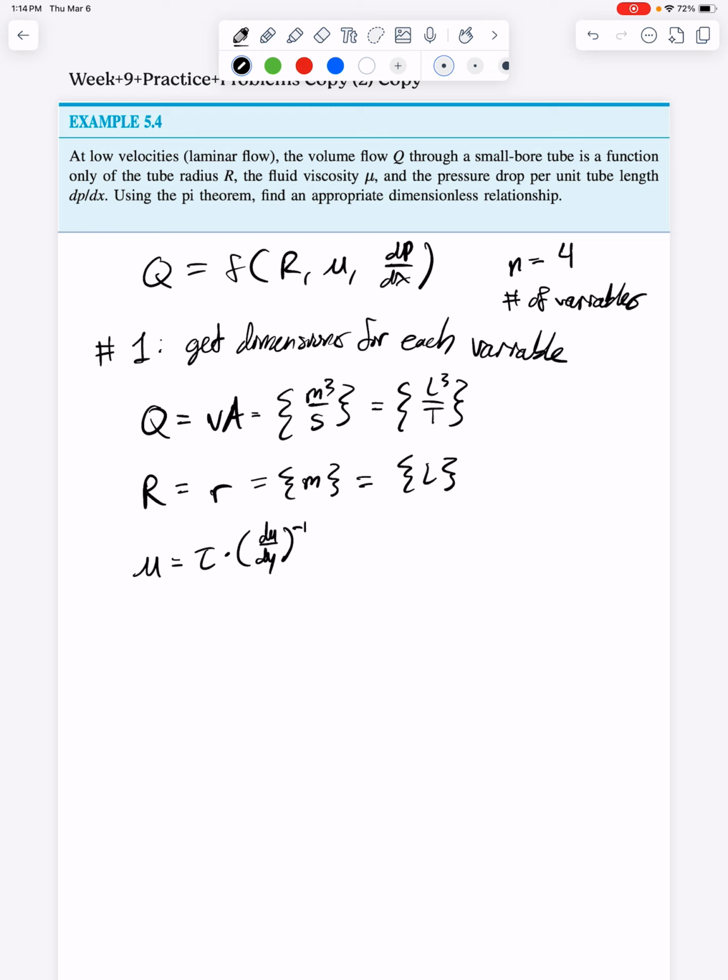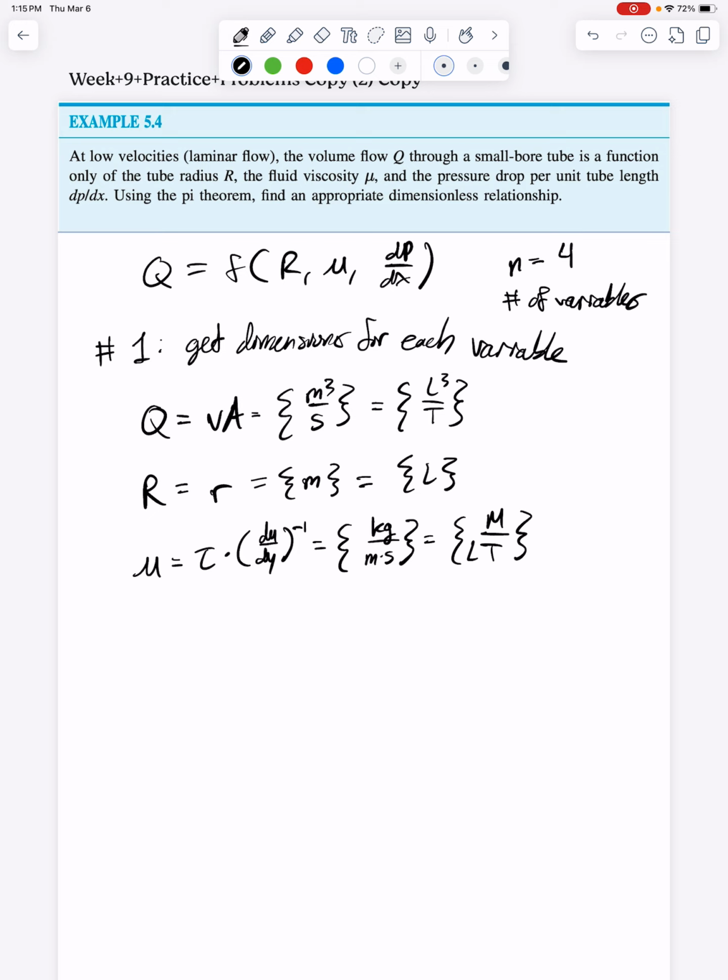But based on tables, if you were to obtain mu from a textbook, you would see that viscosity is written in kilograms per meter second. If I write it in terms of its dimension, kilograms is mass, meters is length, seconds is time. Therefore, viscosity is M over LT.